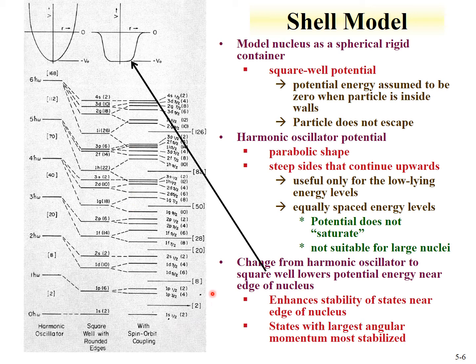And this allows us to see where the magic numbers come from, where we have gaps in the energies between the levels, and these occur at 2, 8, 20, 28, 50, 82, 126. So the shell model is really the square edges and spin orbit coupling combined.